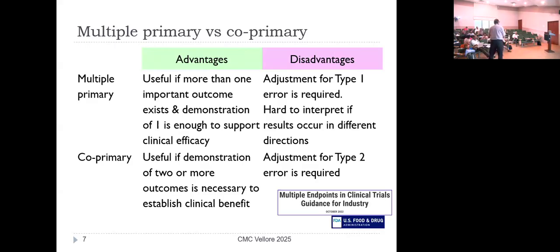It's not to have two outcomes. What you're saying is two or more outcomes. So if I have two primaries, I can call them multiple, or I can call them co-primary.